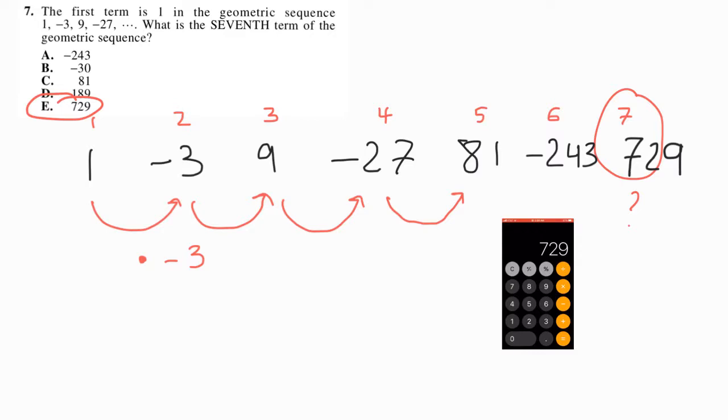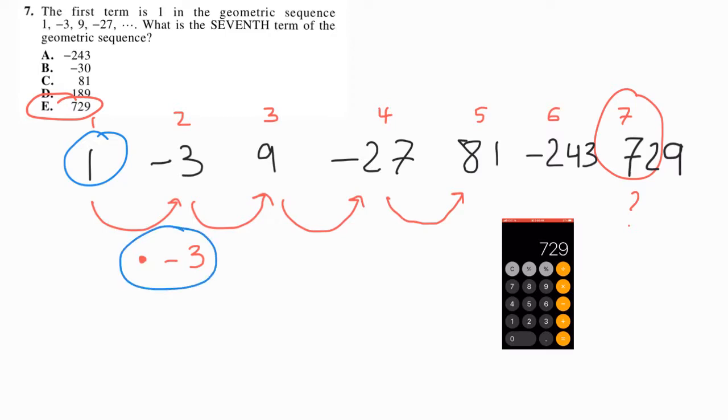Now, just a quick note, the method we use here is called the recursive formula, where you just multiply by -3 each time. There's also a shortcut to do this. It's called the explicit formula, and I don't have time to go into it now because I'm trying to keep this video short. But you could also just say that your first term is 1 and your common ratio is -3.